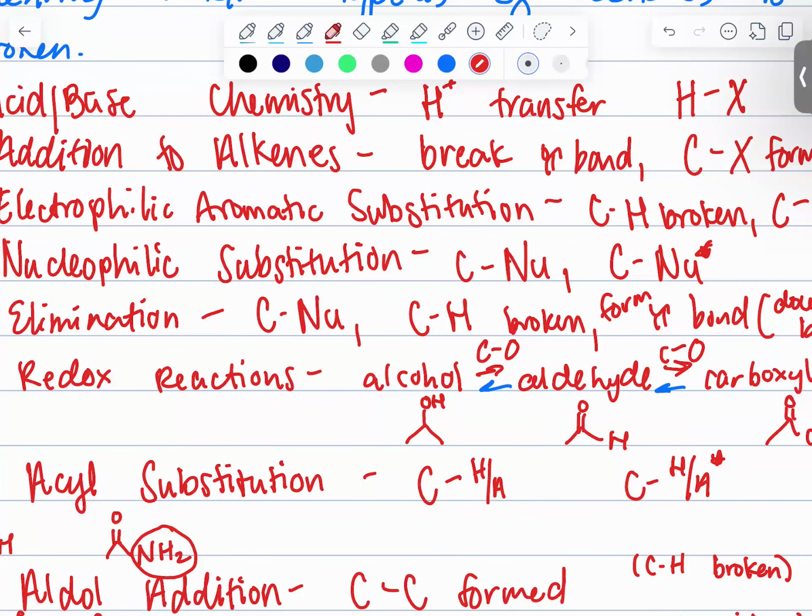So I wrote CO with that one because we formed this bond between the carbon and the oxygen.